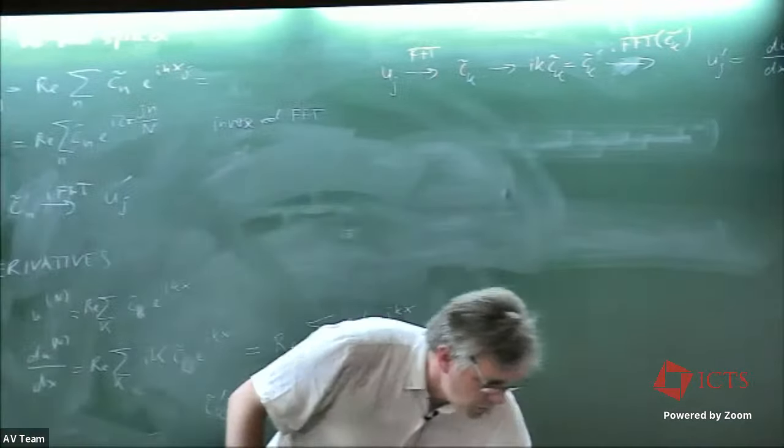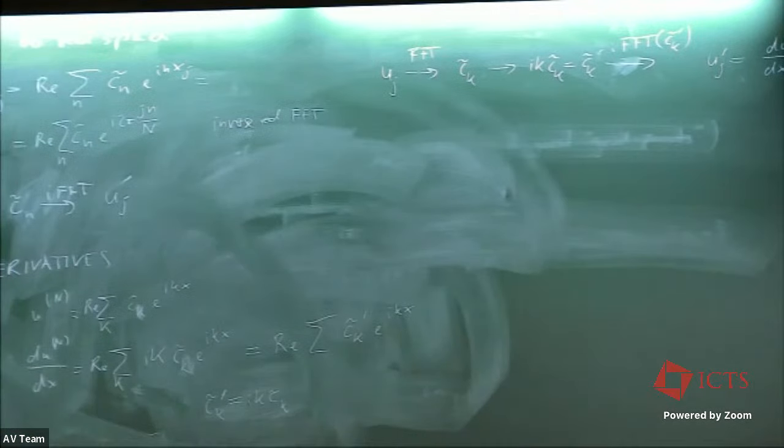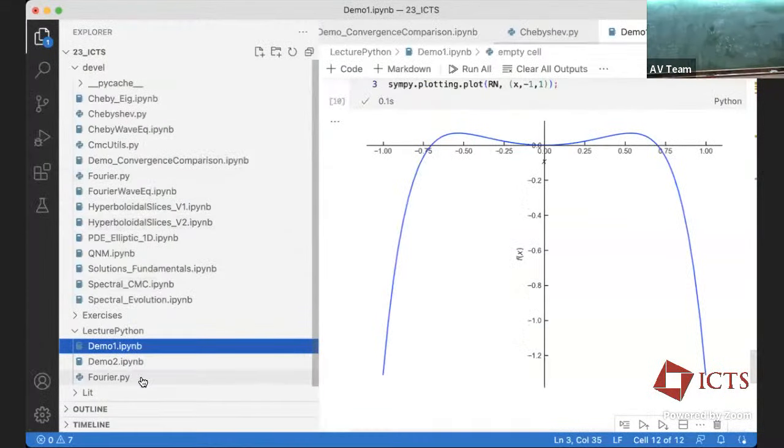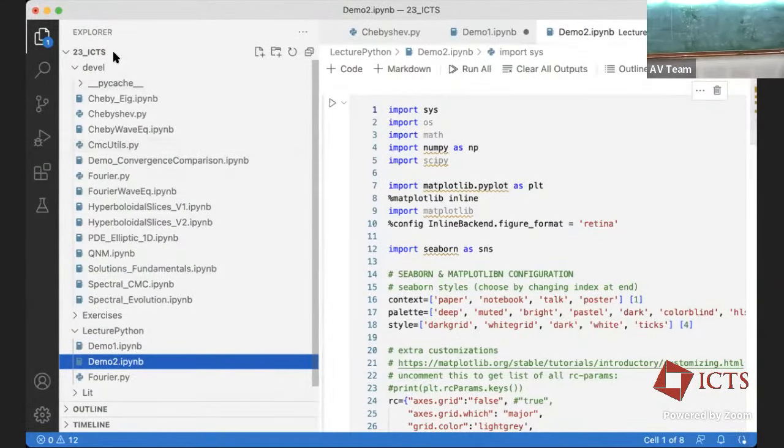Okay, to close this, I have a second demo of just how well this can work. So let me get back to my computer and find the second demo.